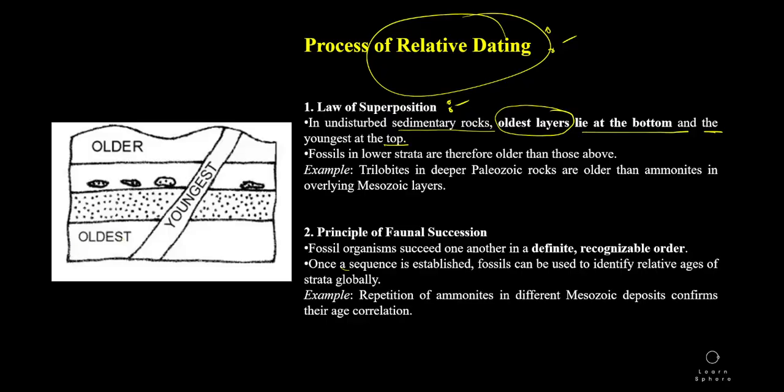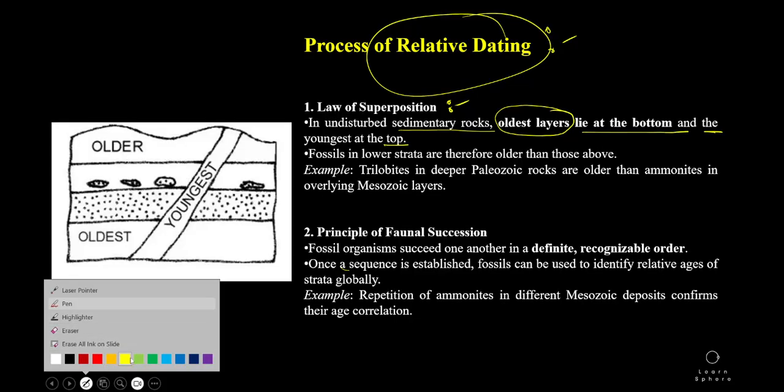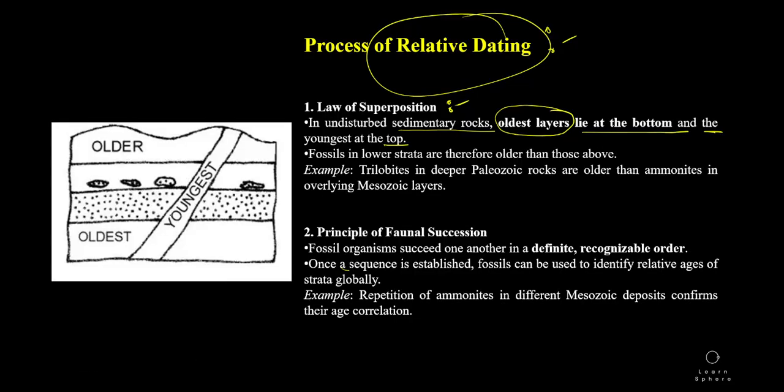Here you can see this law says that the oldest layer will lie at the bottom and the youngest will be at the top. The fossils in lower strata are therefore older than those above.